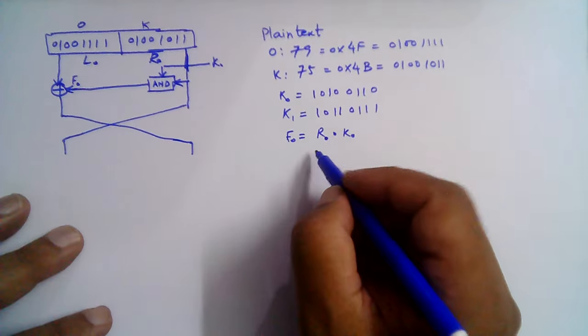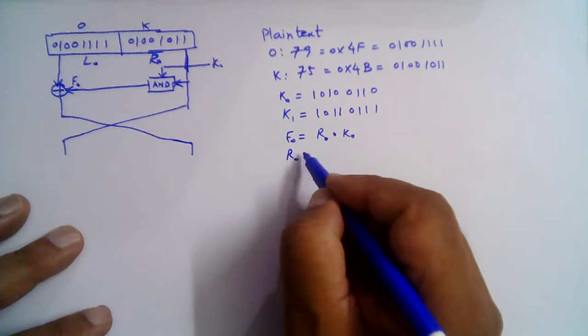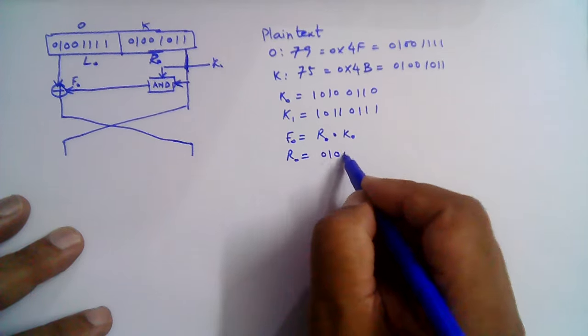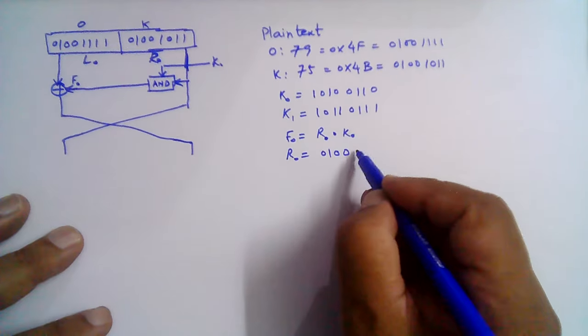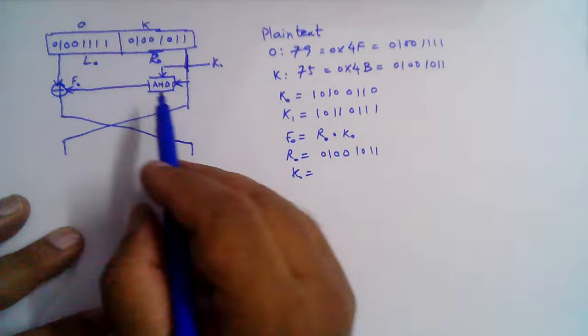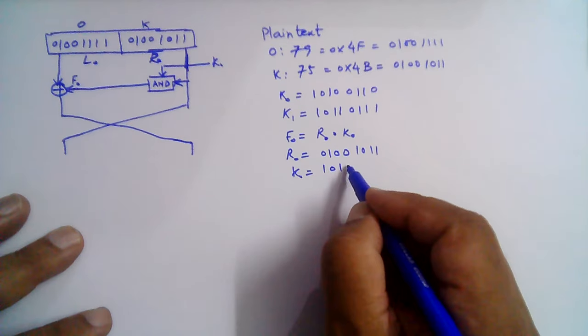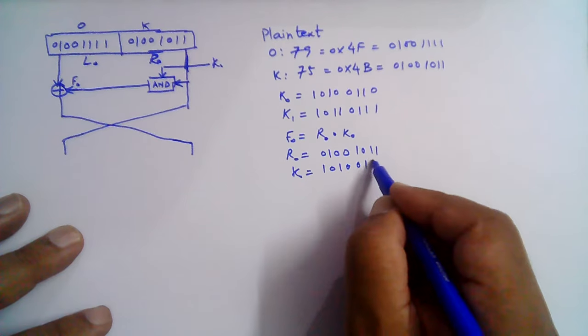So the R naught is here. R naught is equal to 0100, this part, and 1011, and the K naught is the key. This key is 10100110, right?